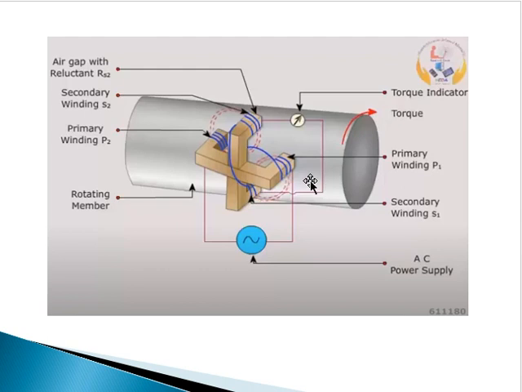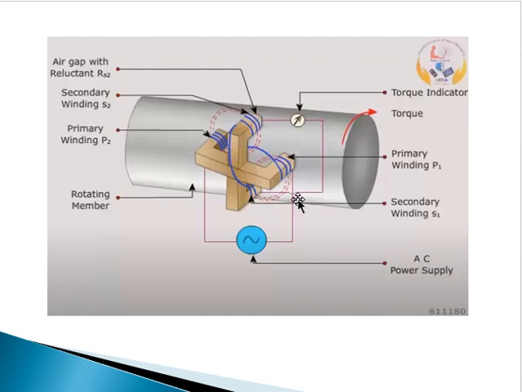So here the flux lines will be fewer and here they will increase. Due to this, the voltages induced in the secondary, where the meter is attached, do not cancel each other; their sum is proportional to the torque.